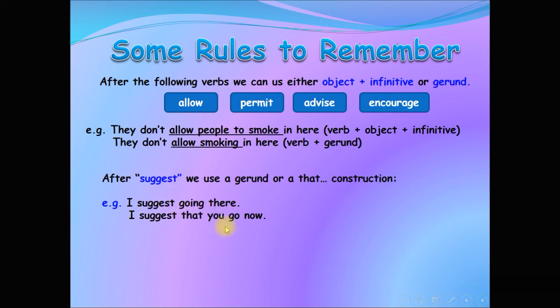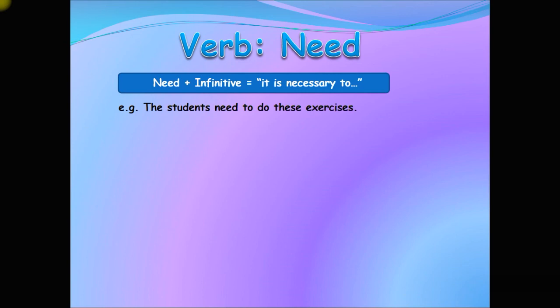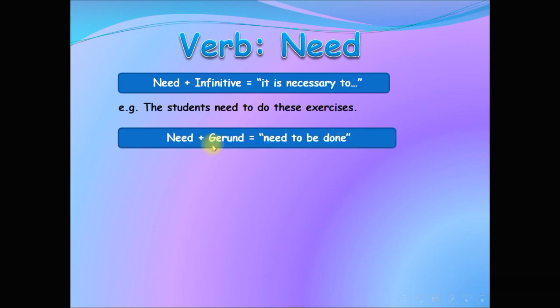Okay, now we have the verb need, which is followed by a to-infinitive. Need plus infinitive means that it is necessary to. The students need to do these exercises means that it is necessary for the students to do these exercises. And then need plus gerund means that something needs to be done.